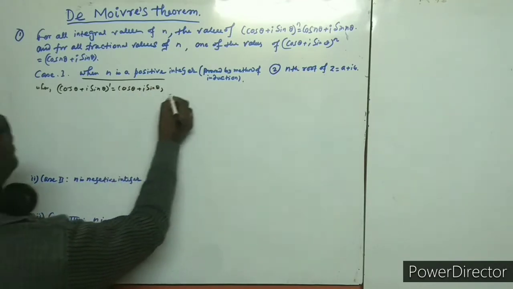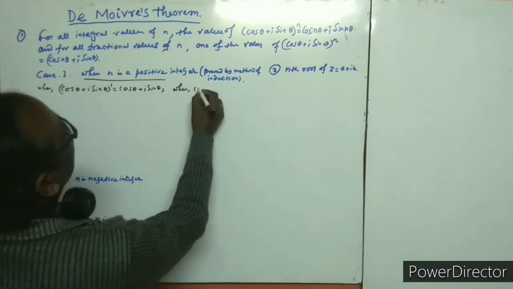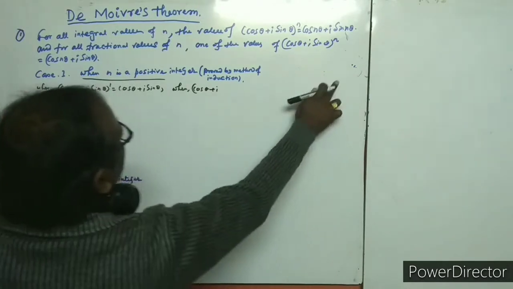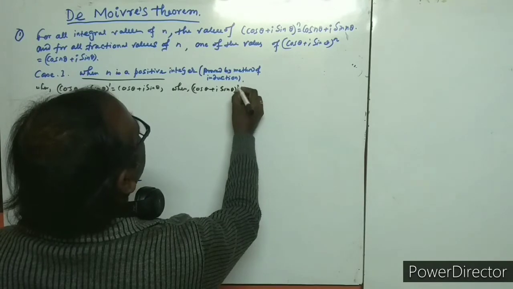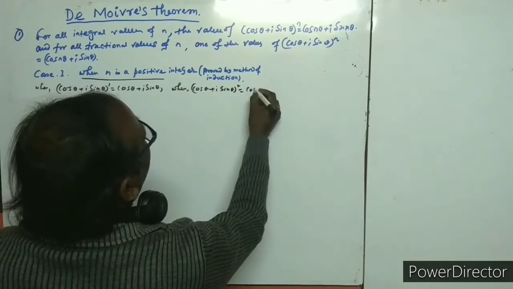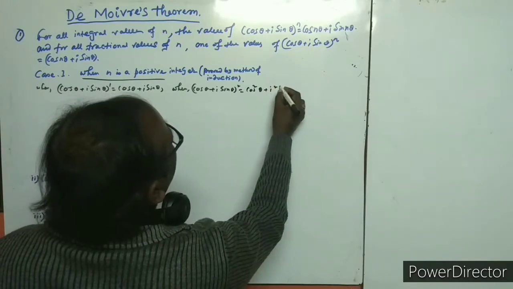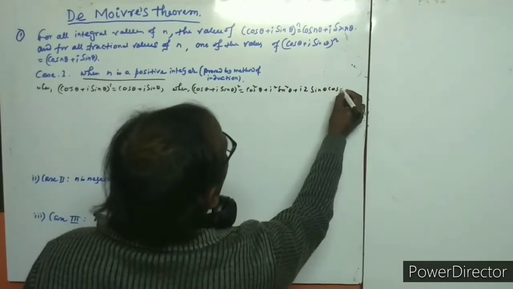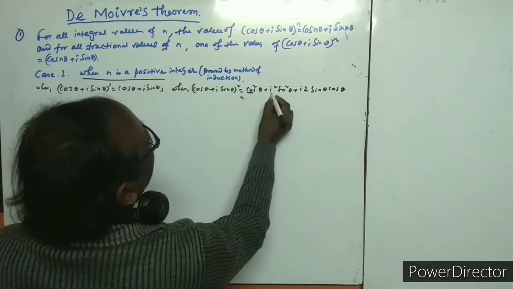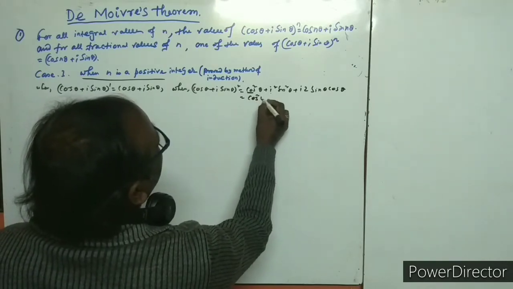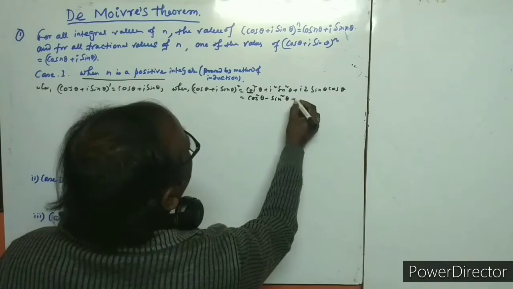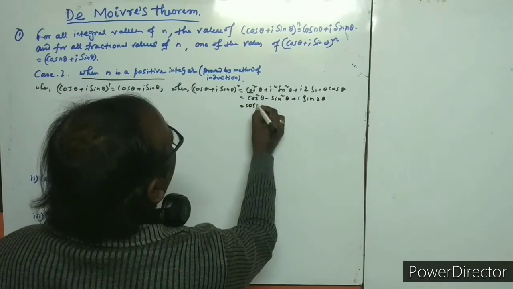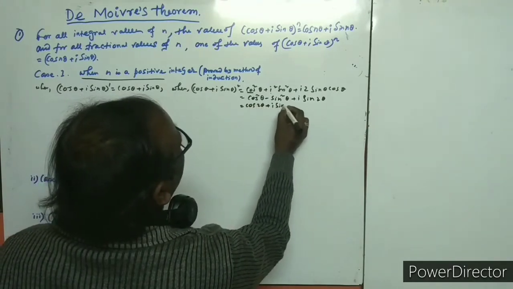And when (cos theta plus i sin theta) to the power 2, expand like a square plus b square plus 2ab, and this is equal to cos square theta minus sin square theta plus i into sin 2 theta, and this is equal to cos 2 theta plus i into sin 2 theta.